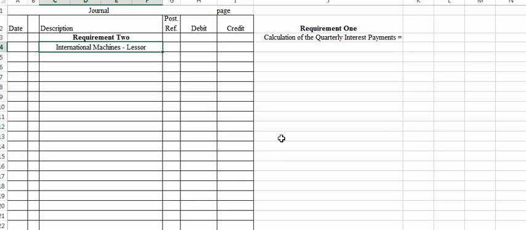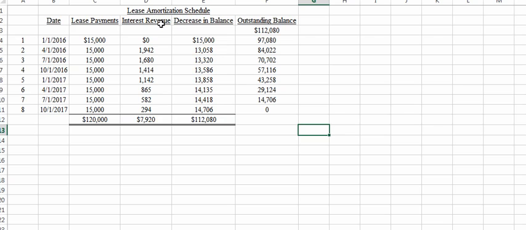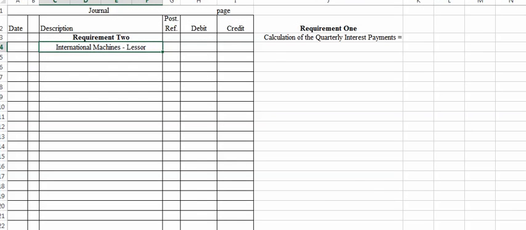So they're going to make that gross profit from $112,080 minus the $85,000, and they're also going to earn this interest revenue. This is the lease that's called a sales type lease. Remember, they're calling them a lease, but these capital leases are essentially a purchase.